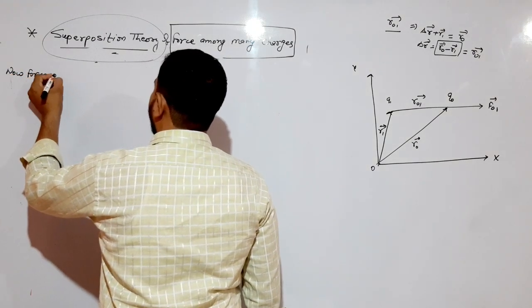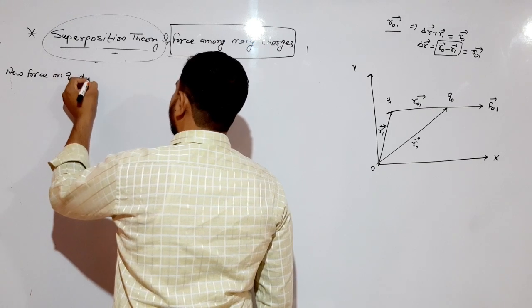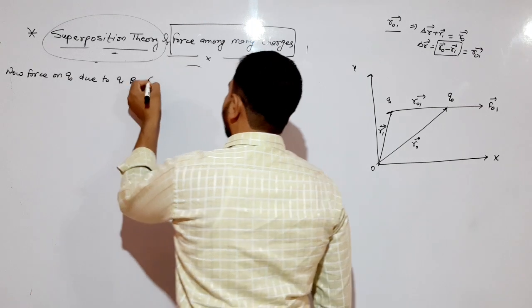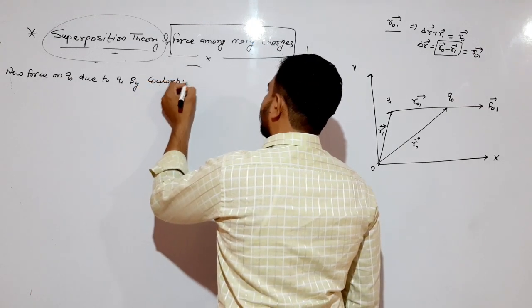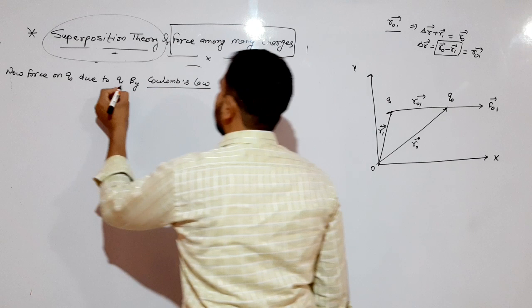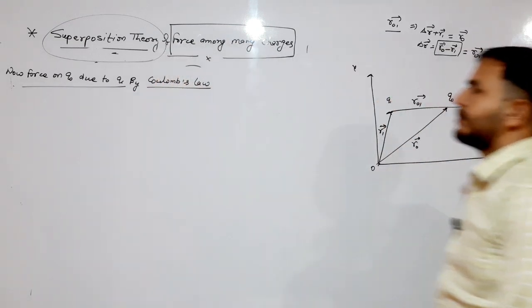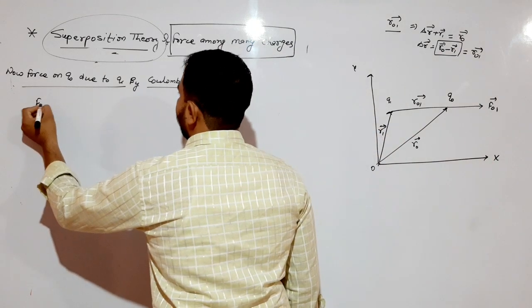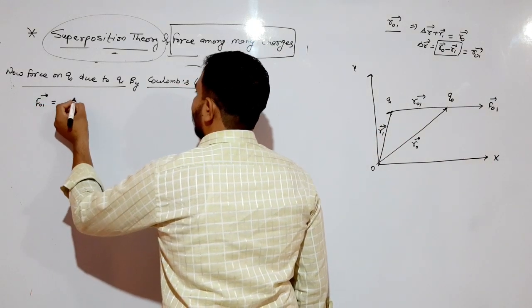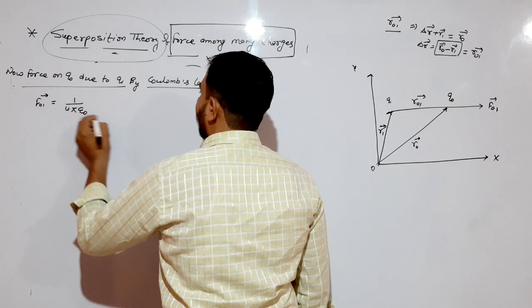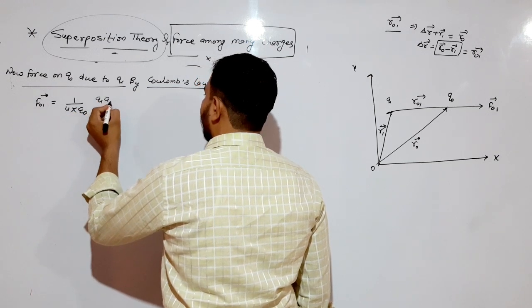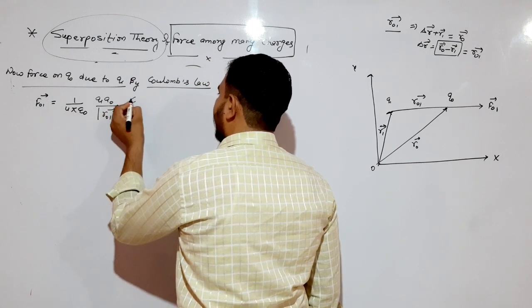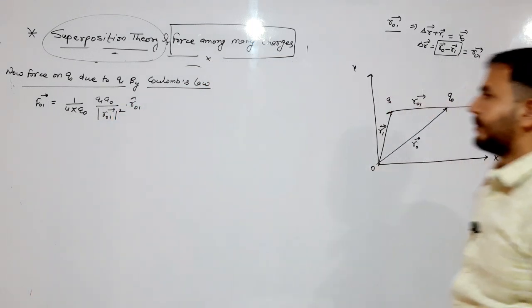Now the force on Q0 due to Q1, by Coulomb's law, F01 vector is equal to 1 upon 4 pi epsilon naught Q1 Q0 upon r01 vector square, times r01 cap.